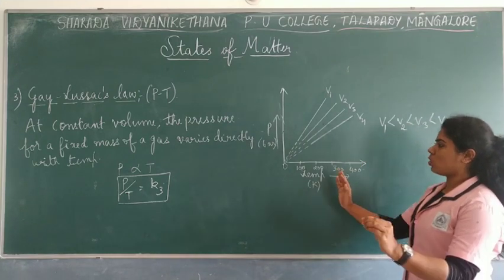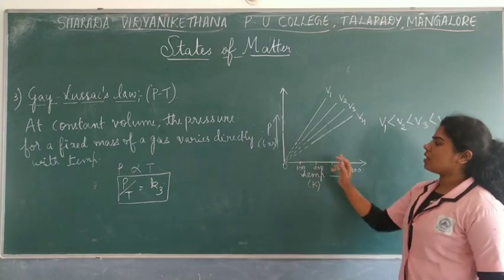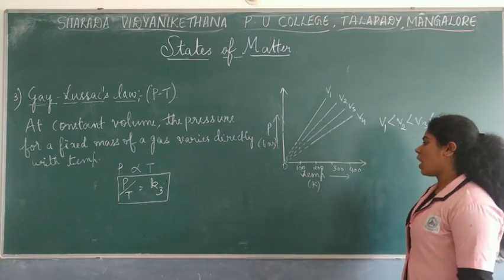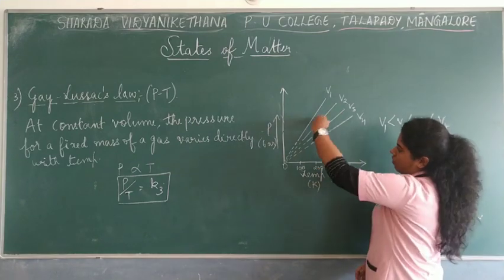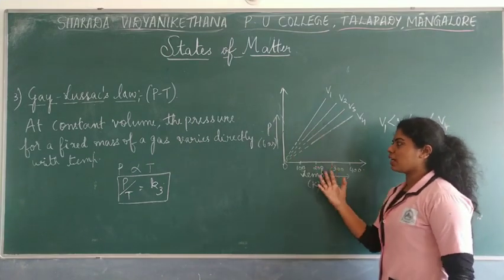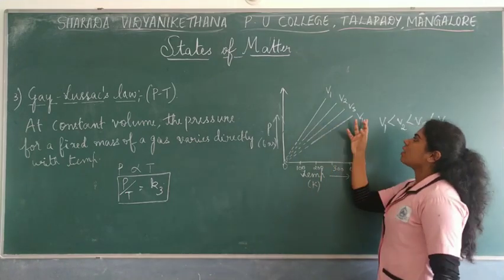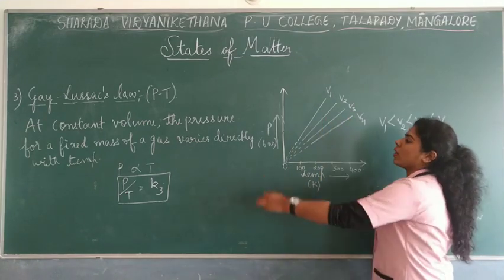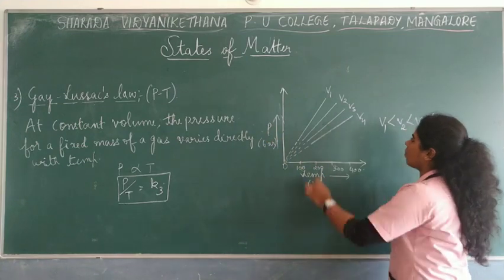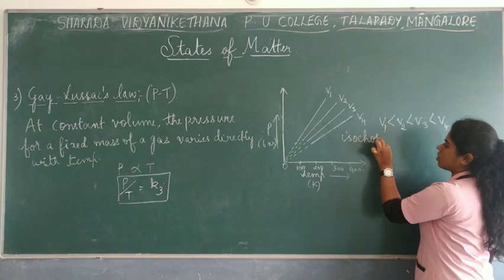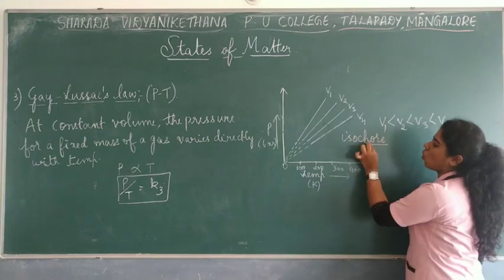Pressure and temperature vary directly proportional to each other. When you plot the graph, you obtain straight lines which pass through the origin, and these lines, obtained when pressure and temperature are plotted keeping the volume constant, are called isochores.